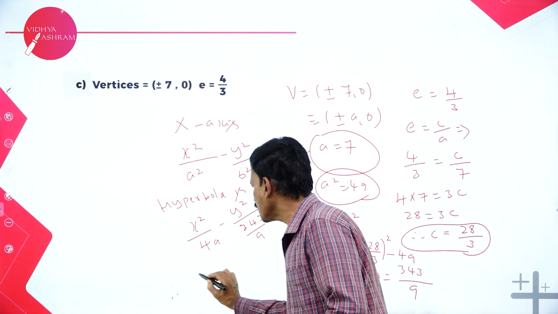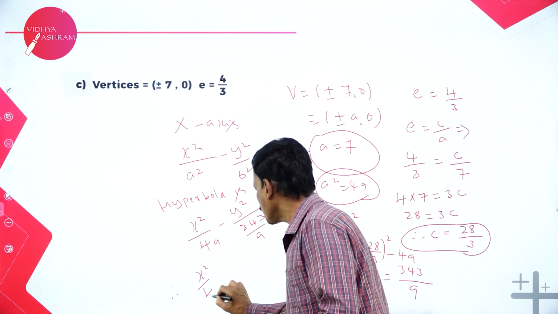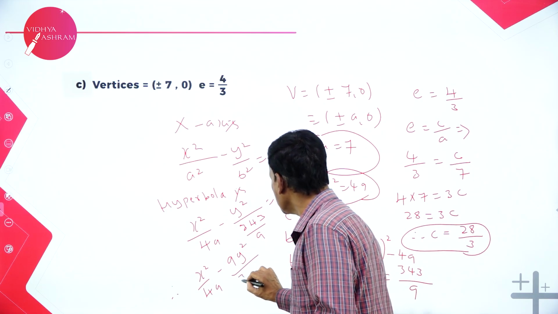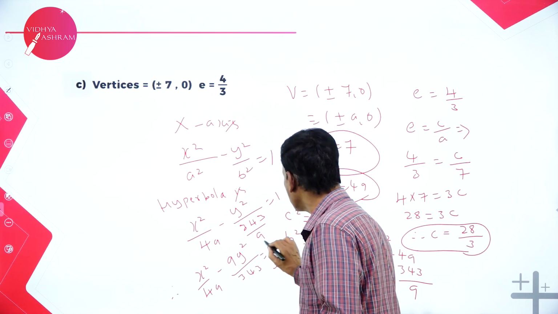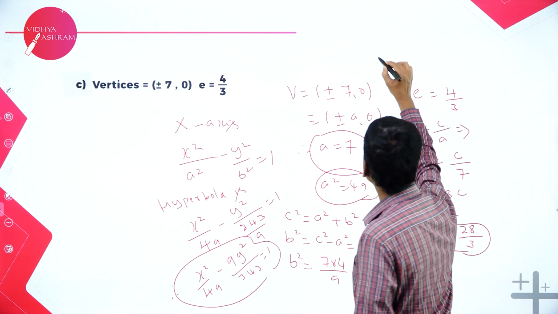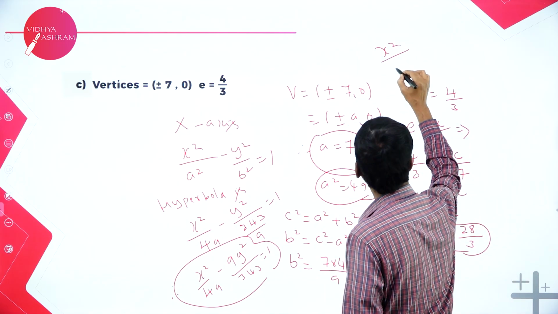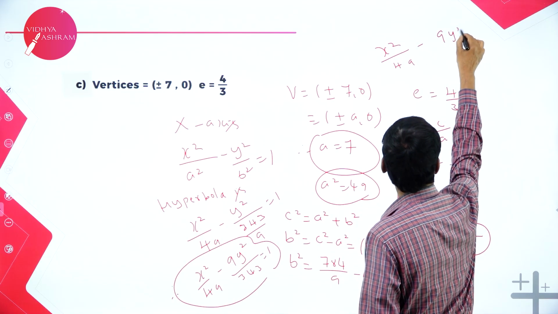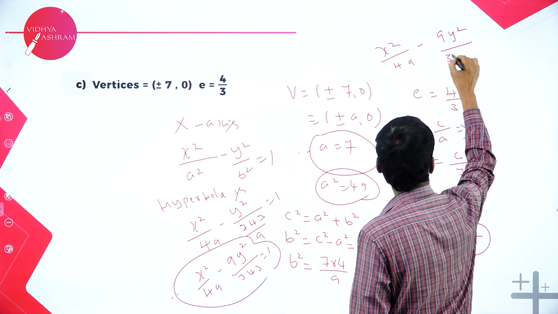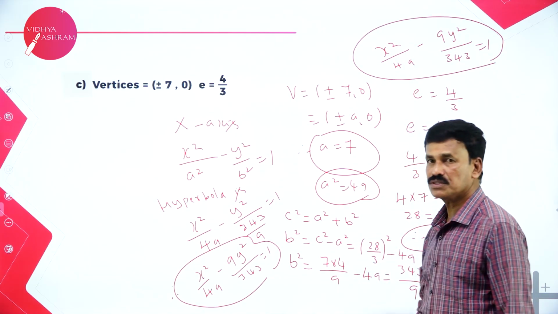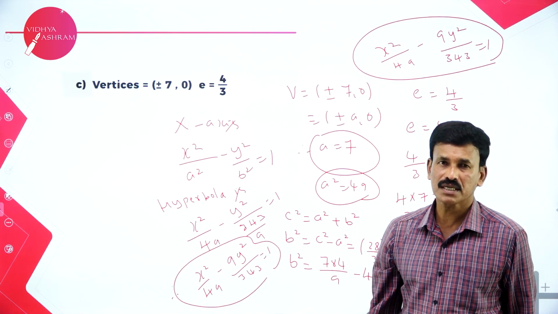Transfer this to the numerator. x square by 49 minus 9y square divided by 343 is equal to 1 is the required equation of the hyperbola in the standard form.